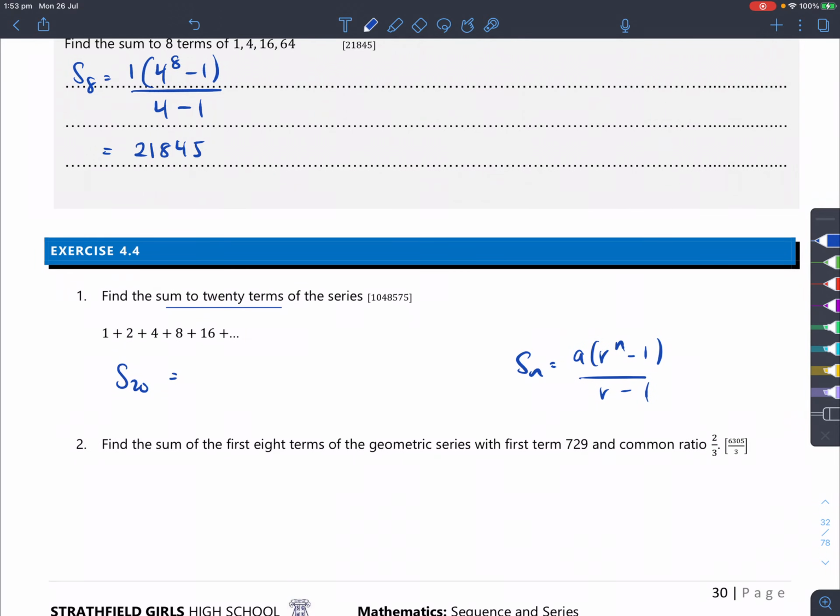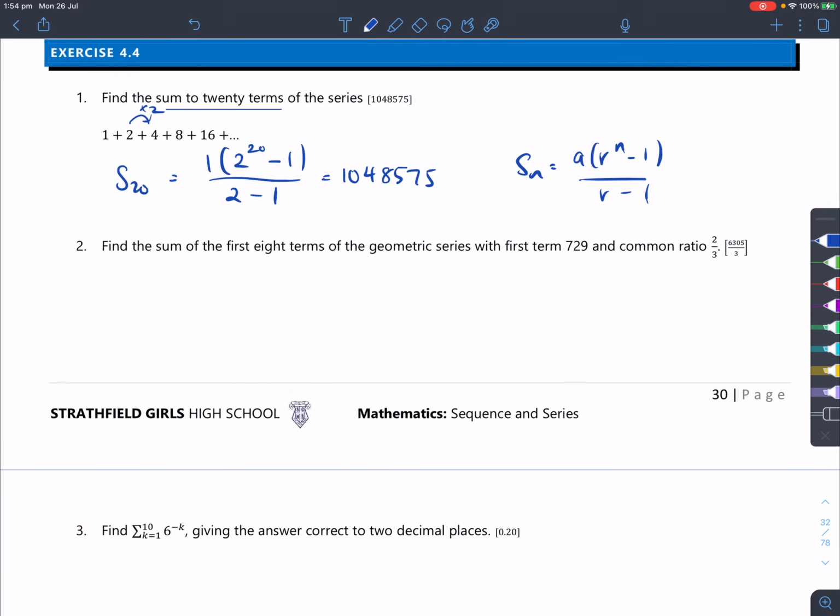So S20 will equal 1 bracket 2, because the ratio is 2, to the power of n, which is 20, minus 1, over the ratio, which is 2, minus 1. And that will give us an answer of 1048575.